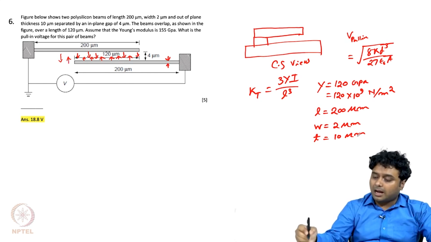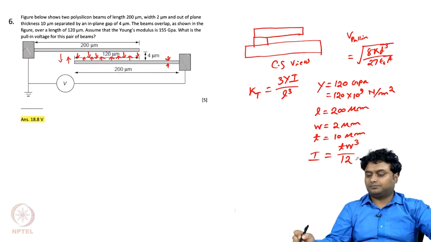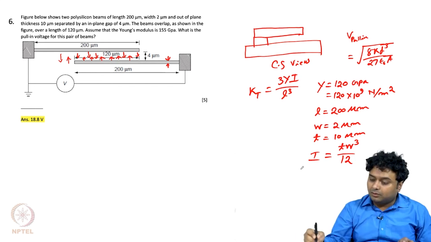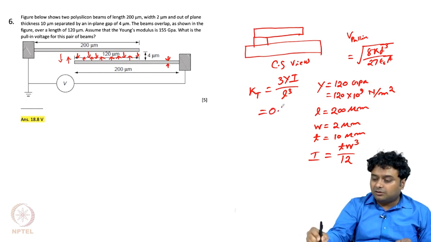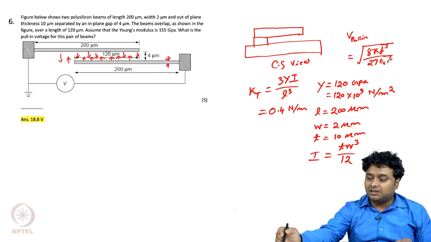Now I is usually W t cube by 12, but here the force is acting actually along W only, so it is t W cube by 12, okay. So I equal to t W cube by 12, and then if you put all these values, you get the K value equal to 0.4 Newton per meter.